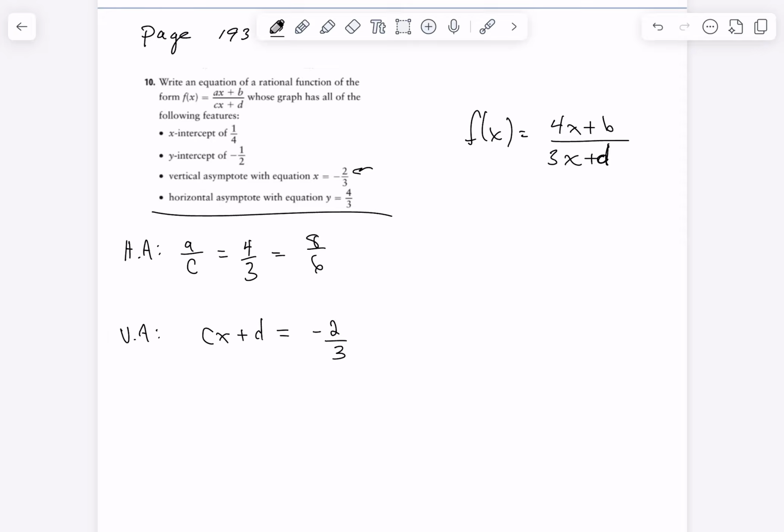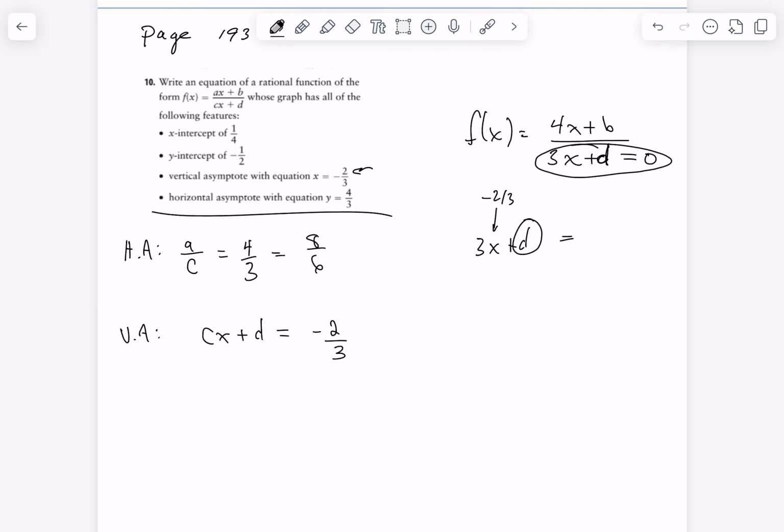So look, if I know 3x plus d, if I say x has to be -2/3, then I can solve for d, if the denominator is in fact equal to 0. Remember, a vertical asymptote occurs when the denominator is equal to 0.